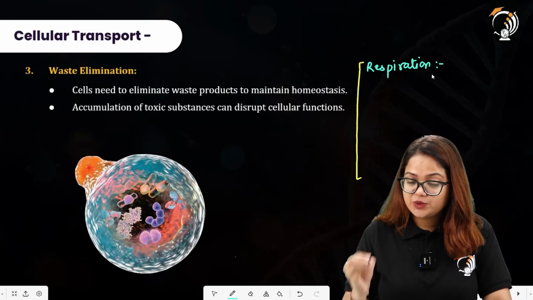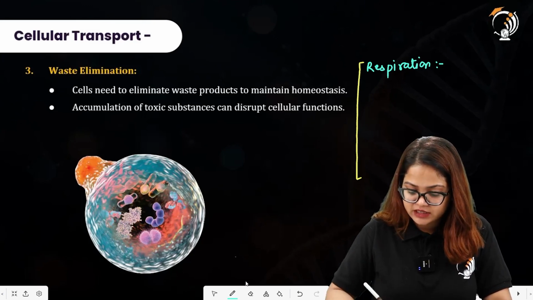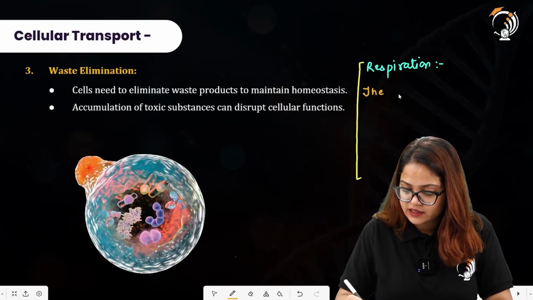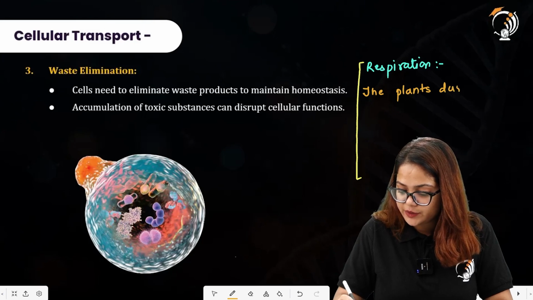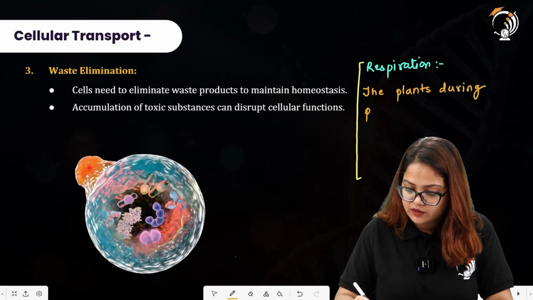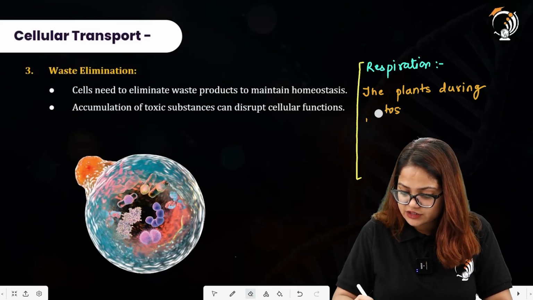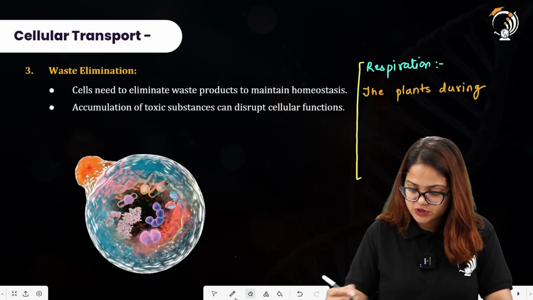So here, during the process of respiration, the plants, or you can say the plants during photosynthesis, let me just correct it.